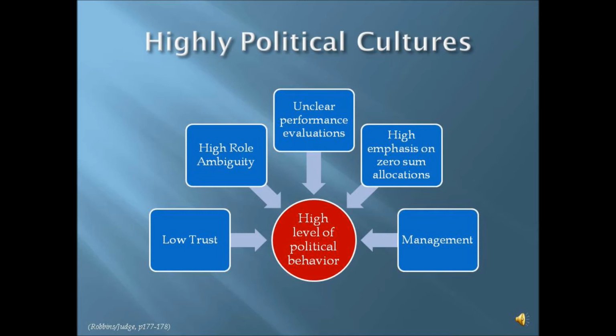Second is role ambiguity. Role ambiguity means that the desired employee behaviors are not clear. There are therefore fewer limits to the scope and the functions of the employee's political actions. The greater the role ambiguity, the more he or she can engage in unnoticed political activity.